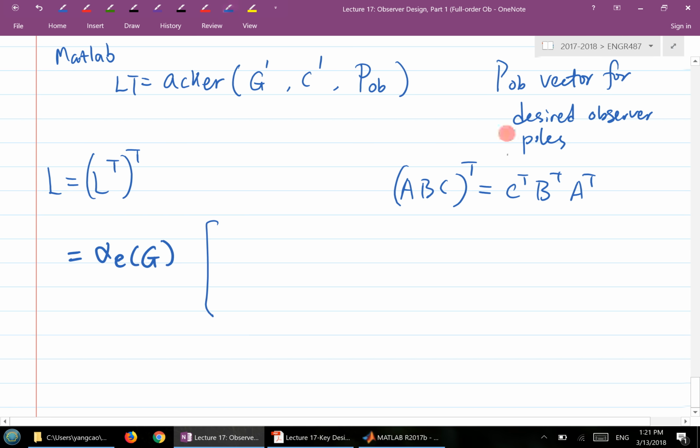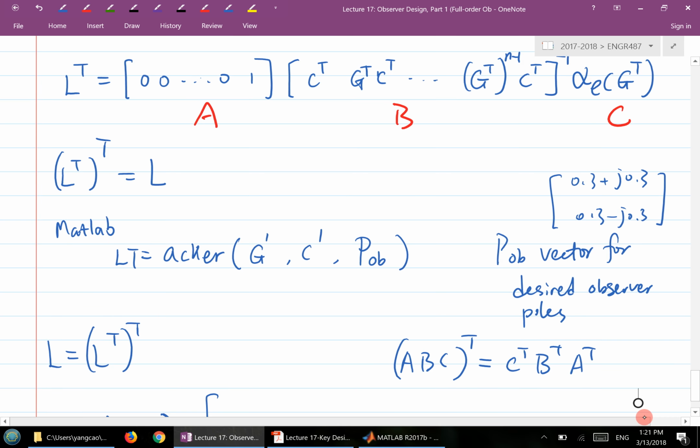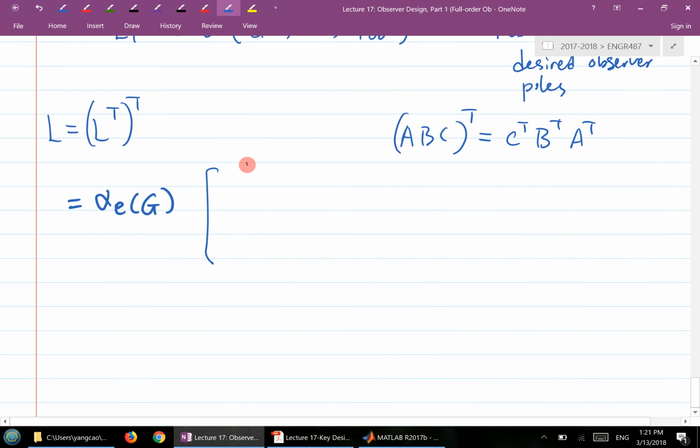And B transpose is the transpose of the middle matrix. This is the row matrix here, and that row matrix becomes a column matrix. At the same time, you do a transpose for each individual element. So that will become the B matrix.